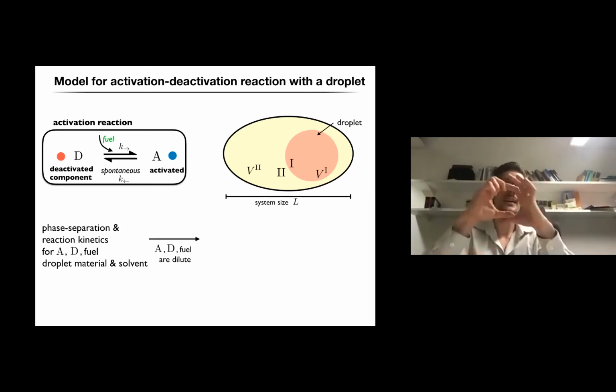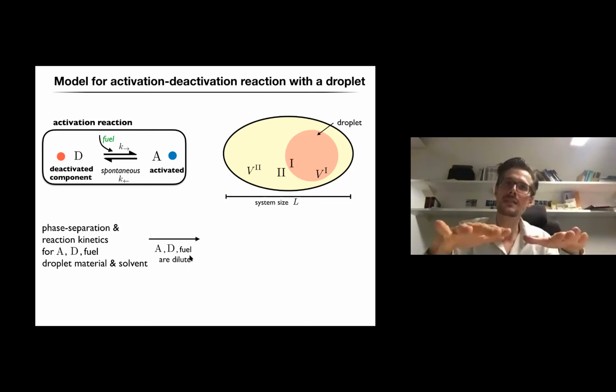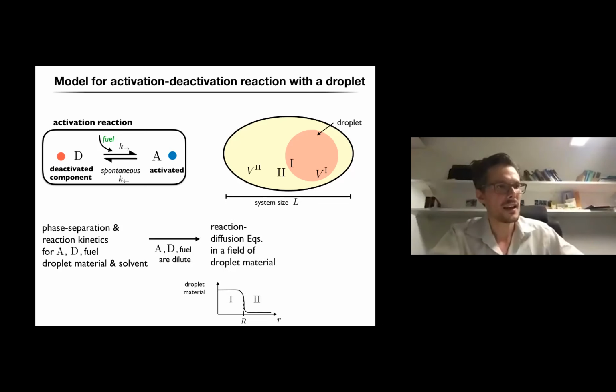So the entire compartment made of this droplet material just sits there, and the A, D material and the fuel just diffuse in and out, but don't create growth or any coupling. So it doesn't affect the phase separation, but these reactants see a difference between a homogeneous system and a system with drops. The equations that you obtain are rather intuitive: effectively reaction diffusion equations. They're non-linear, but that's a detail, in a field of this droplet material.